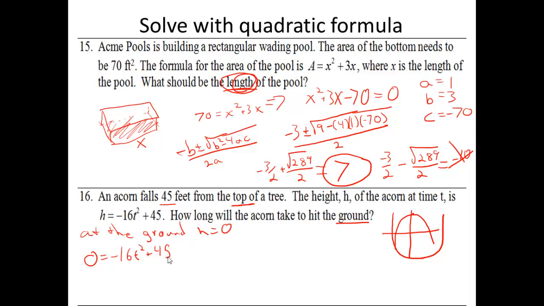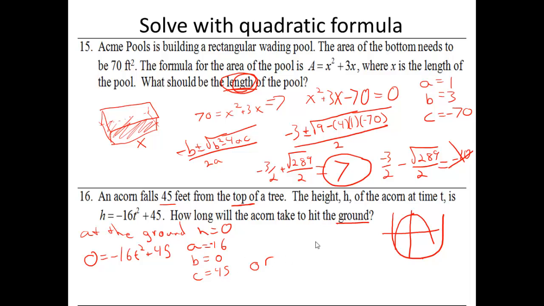Now again, you can use your quadratic formula where a is going to be equal to negative 16, b is going to be equal to 0, c is going to be equal to 45.